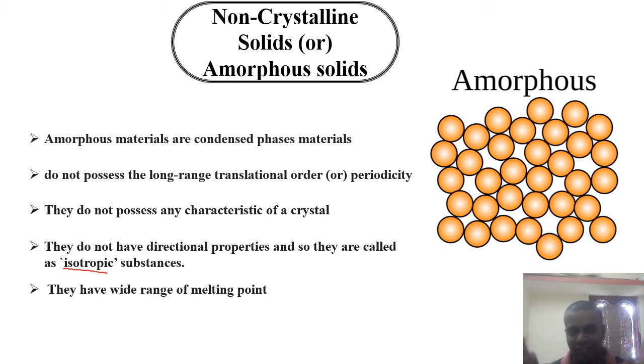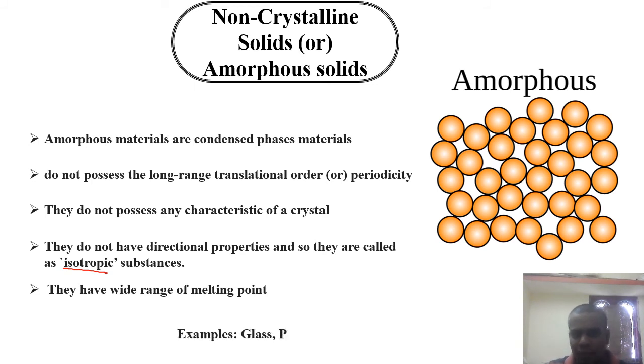It has a wide range of melting point. It can vary like 100 to 1000. It can melt between these two temperatures, that's why we have that wide range of melting point. It will vary according to the type of amorphous solid. So we have to understand that first.